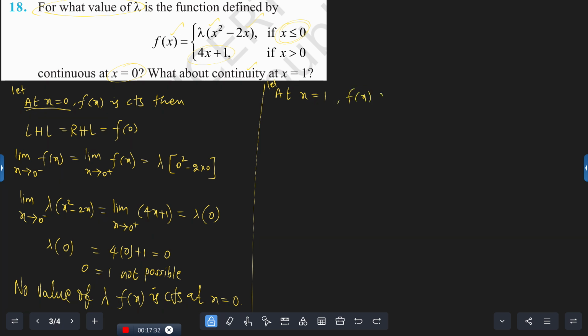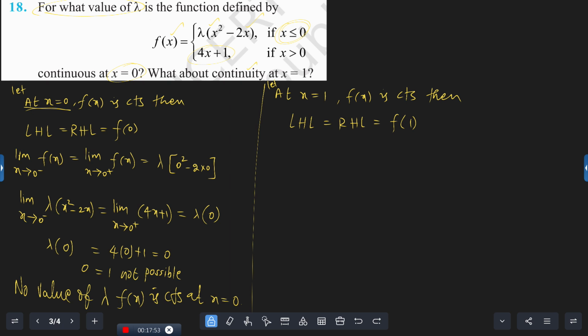So if f of x is continuous, then again the left-hand limit, right-hand limit and function value will all be equal. Listen, children, this place is very important.